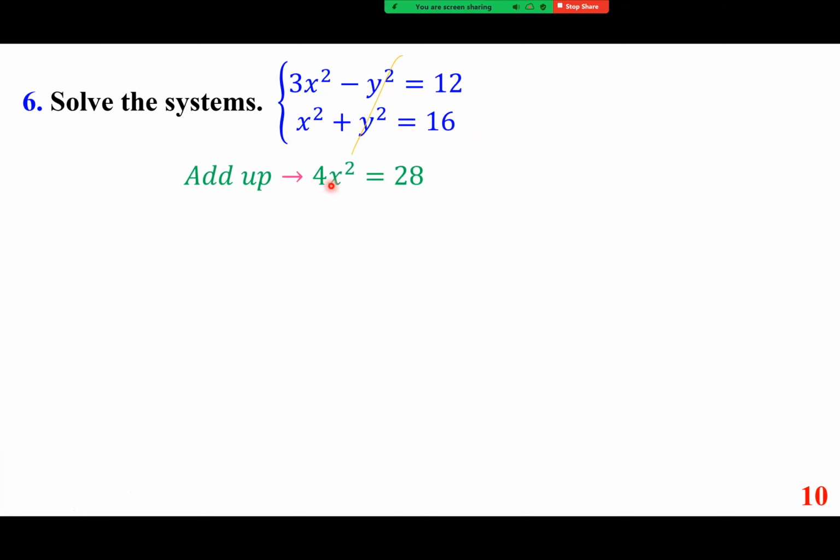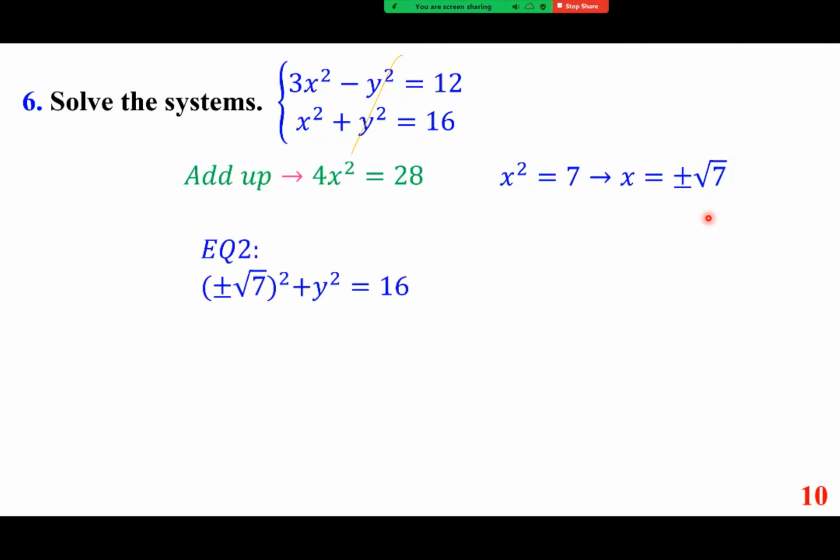If I divide both sides by 4, x squared becomes 7. X becomes plus minus square root of 7. So x has two answers. If you use one of those equations, it's easier to use equation number 2. You get x to the second power. And because it's to the second power, I put a plus or minus, makes no difference. So I'm going to put plus minus. Plus y squared is 16. This is 7.